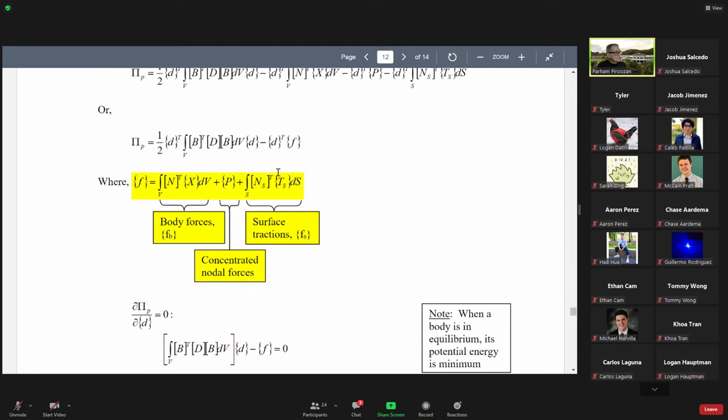That's what we want to use right now. I want to see what happens to this now. It consists of body forces, surface traction or surface forces, and also concentrated nodal forces. Let's look at each one of these individually, body forces, and let's look at surface traction.